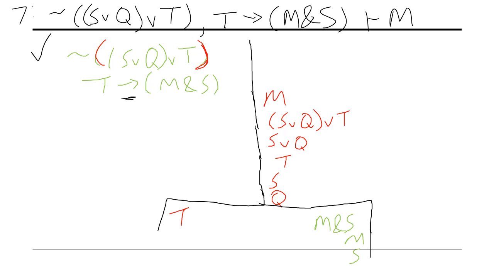So let's just go back through. I don't see anything that closes off in this branch, but I do have an M on the left hand side and on the right hand side. So that one will close off. Then, since we do have an open branch, we know it's invalid.